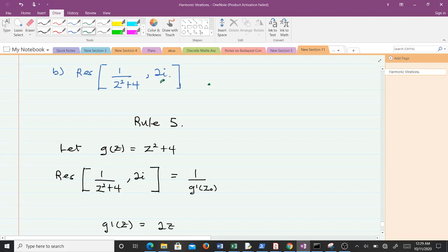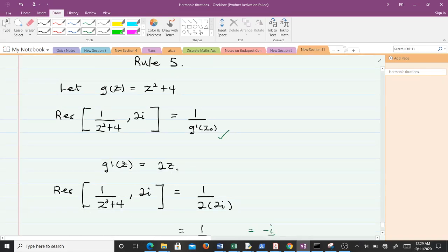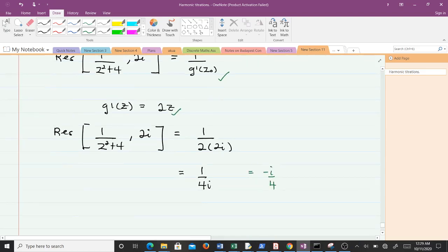In this case, our z0 is 2i. So this is it here. When you differentiate our j, we get 2z. Then when you put in the z0, which is 2i, then we have these, and multiplying this will give us 1 over 4i, which is same as negative i over 4.